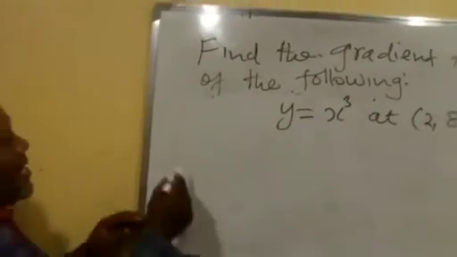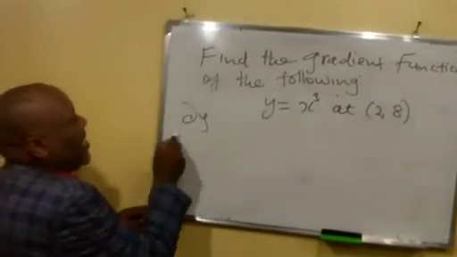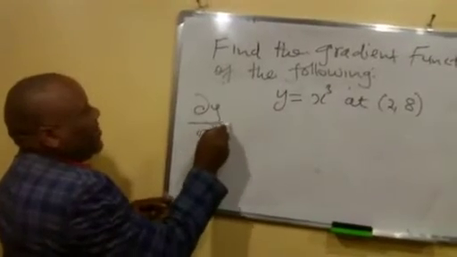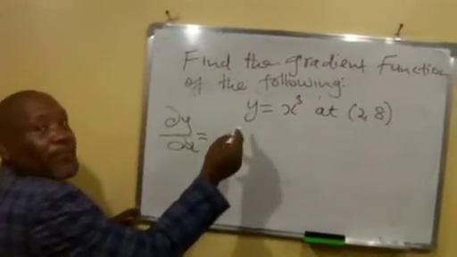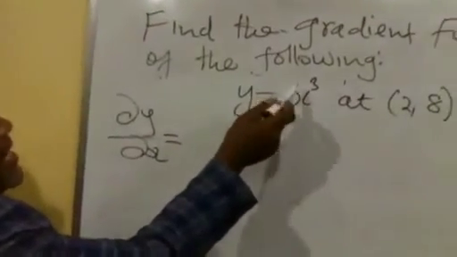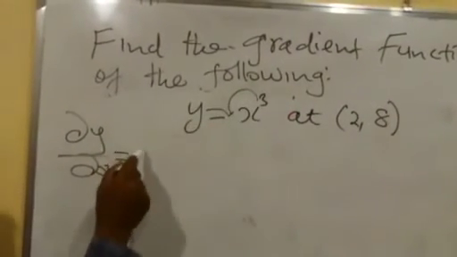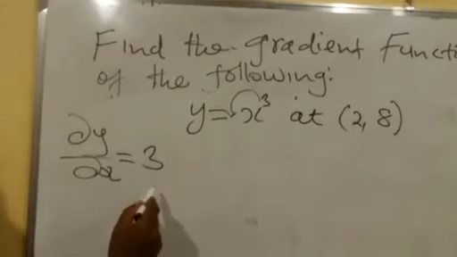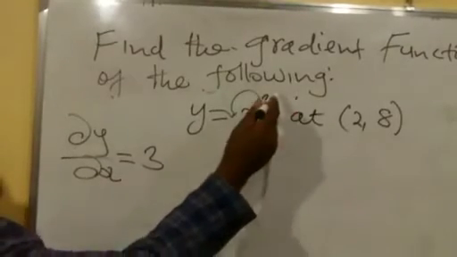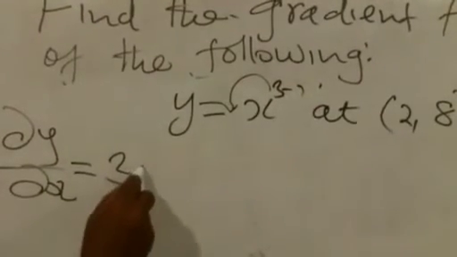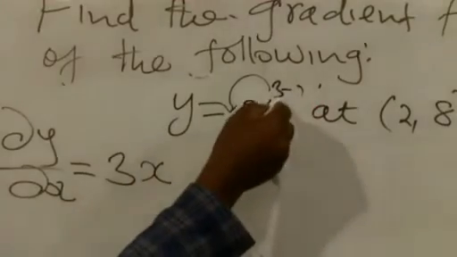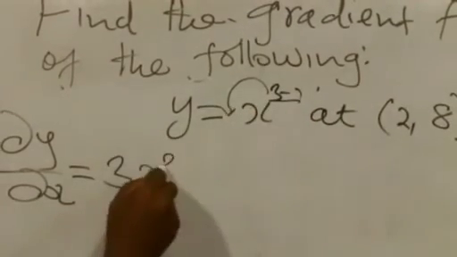So we proceed by getting first of all the dy dx, which is equal to, we said this superscript will multiply down there, so that we have 3. Then we subtract 1 from that superscript, and when you subtract 1 from 3, you get 2.